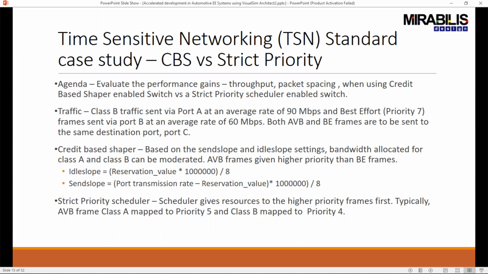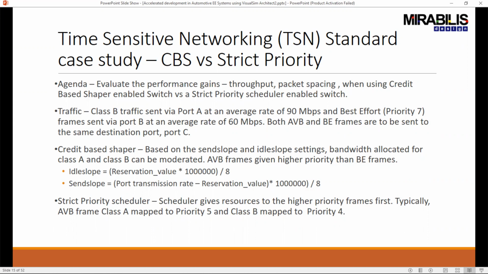Our agenda for this use case was to evaluate the performance gain, especially for the throughput and the packet spacing, when we are using a credit-based shaper enabled switch versus a strict priority scheduler enabled switch, because most of the existing switches mostly use strict priority, but the upcoming or the latest generation switches have moved over to support TSN standards.